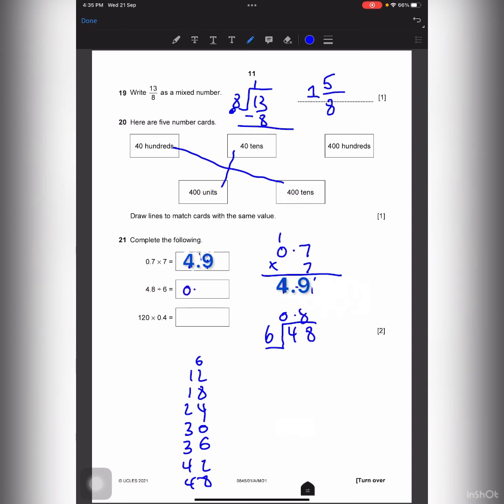0.8 is our answer. Now for this question, 120 times 0.4. I'm going to add the point here too, so it's easier. So this will become a 0, 8, and the 4.